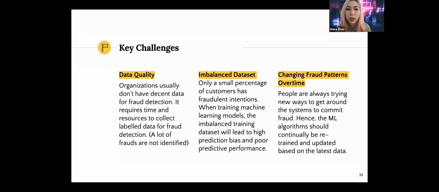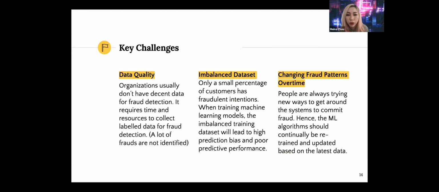On the next slide, I talk about 3 more challenges that we always face. Data quality issues, which I have addressed, so I won't spend more time on that. Imbalanced data sets, which I also talked about in the last several sections: for fraud detection, only a small percentage of the customers have fraudulent intentions or have been detected conducting fraudulent activities before.